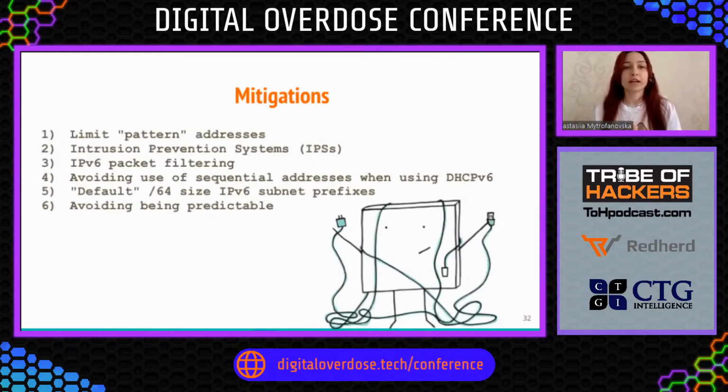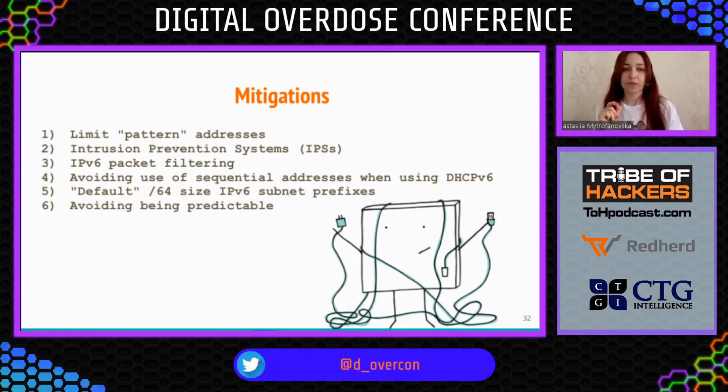What about mitigations? IPv6 address scanning attacks can be mitigated in a number of ways. For example, the first thing you can do is limit pattern addresses. The second, you can employ an IPS system in your environment. You can enforce IPv6 packet filtering where it's possible. You can try to avoid the use of sequential addresses with your DHCP.